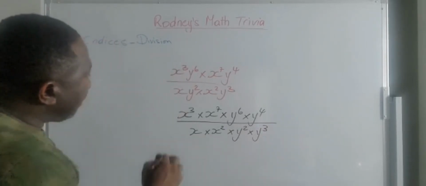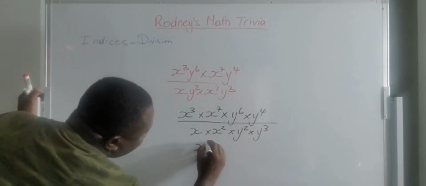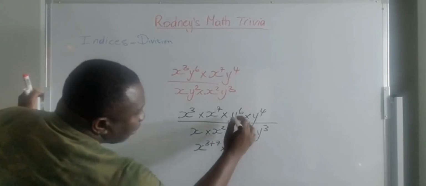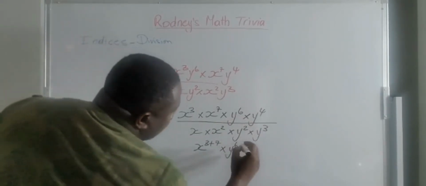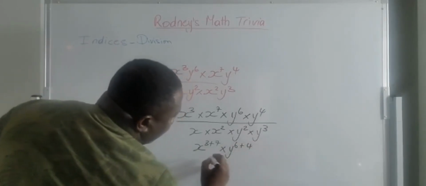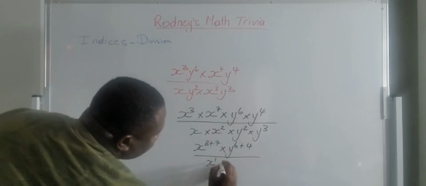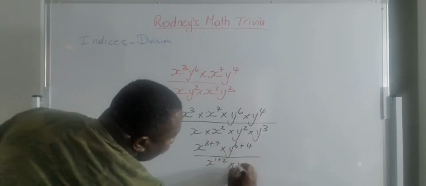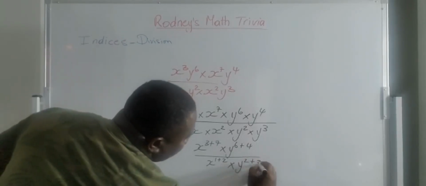And in simple form we are going to be adding, so the numerator will be x to the 3rd plus 7 times y to the 6th plus 4 all over x to the 1st plus 2 times y to the 2nd plus 3.